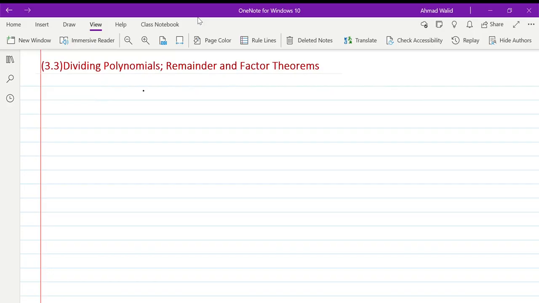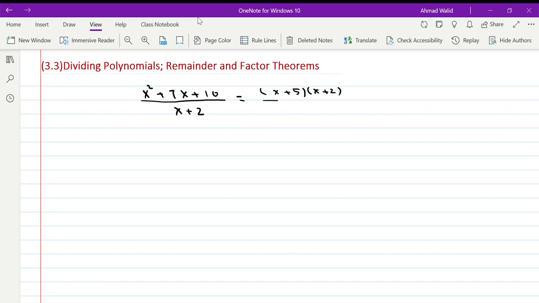For example, if I have x squared plus 7x plus 10 over x plus 2, the easy way is to factor the numerator, and if you can cancel with the denominator, you will cancel. The factors of the numerator here are x plus 5 times x plus 2, right?